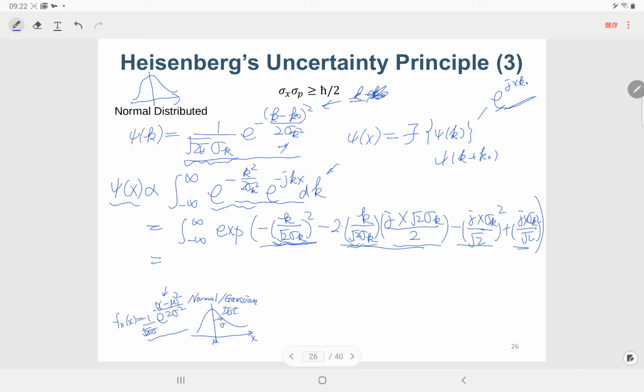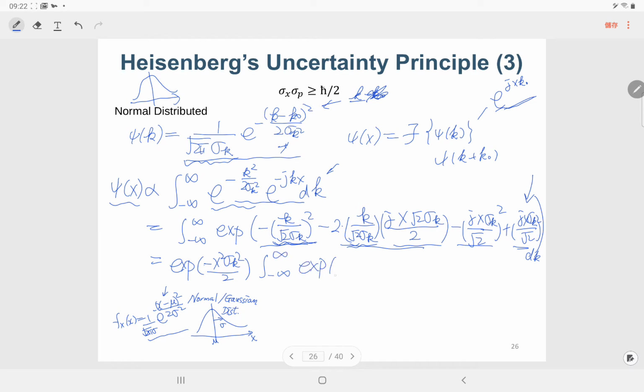So we will have this term to be a constant independent of k. It is just a term like exponential to this term, j squared is minus 1, so it will be minus x squared sigma k squared over 2. And then the other one will be like this.